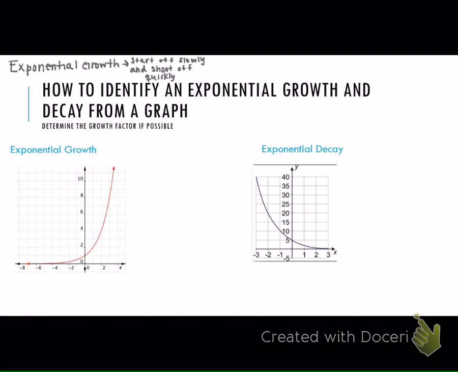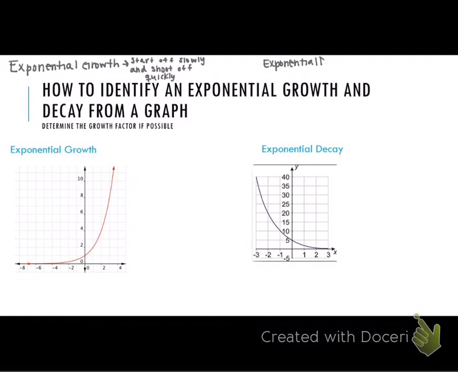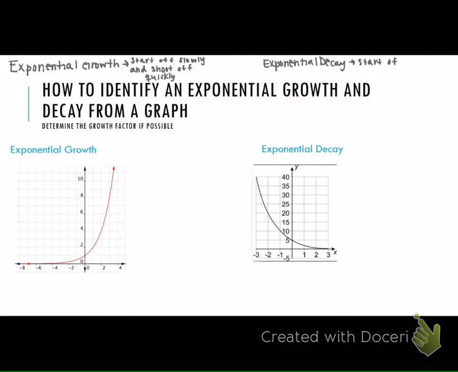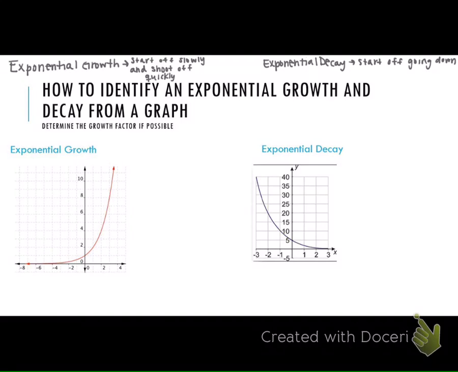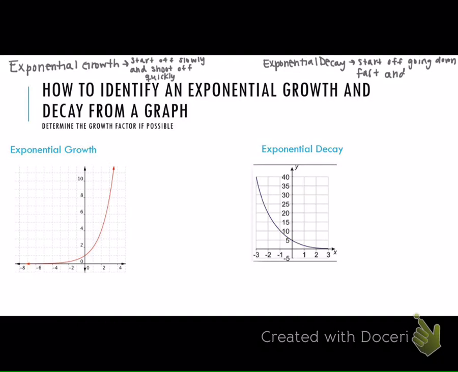So it starts off less steep to more steep. Whereas exponential decay will start off going down fast. Write this down, Kelly. And slow down.